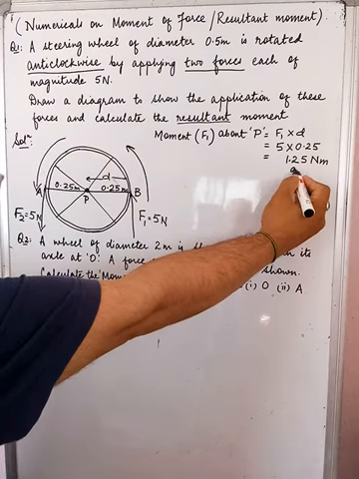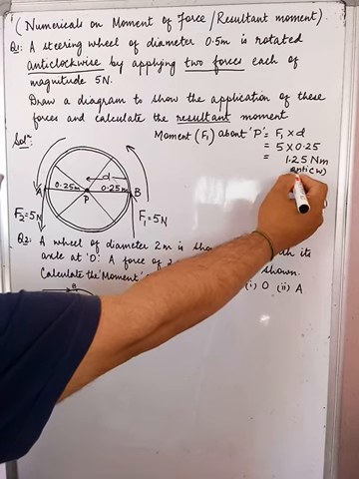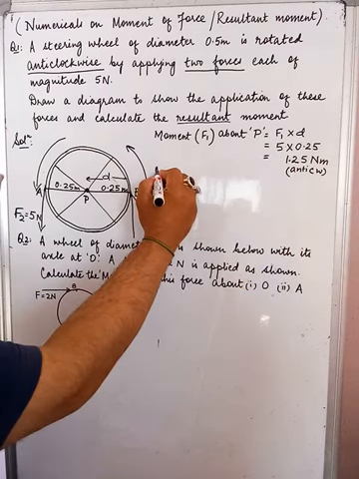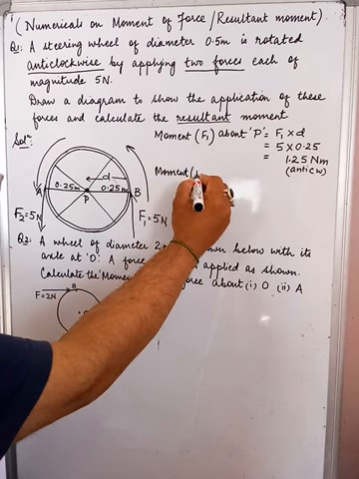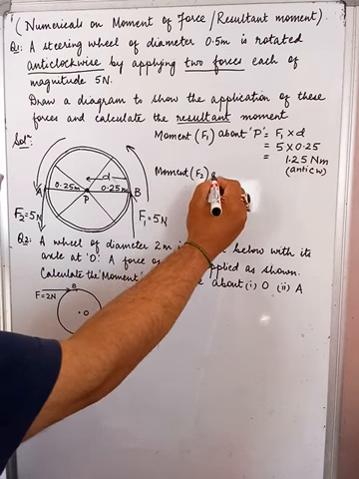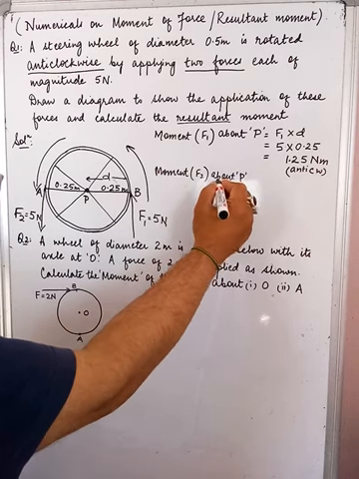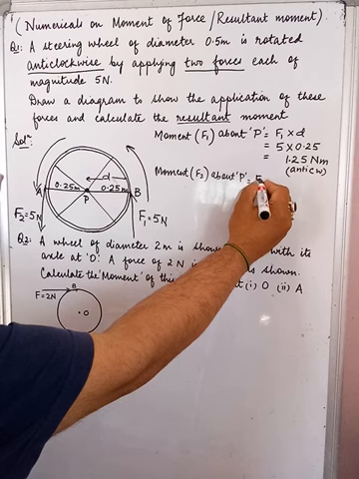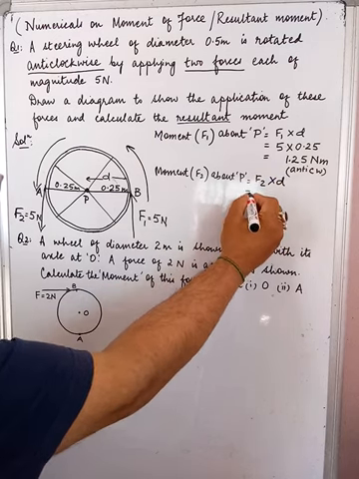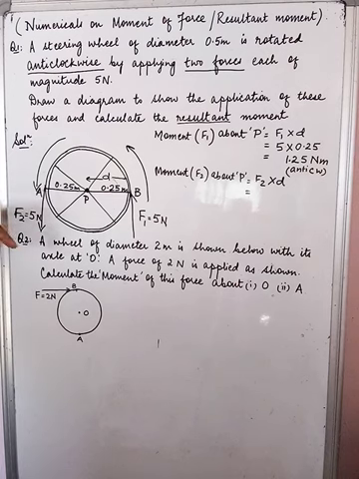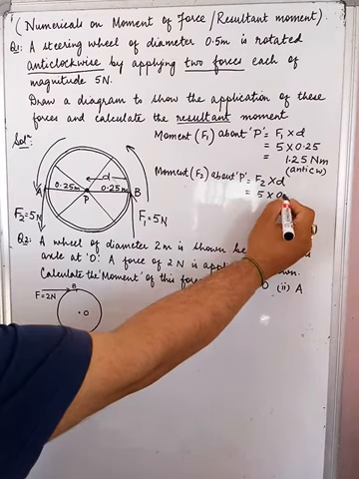Okay, so you will write anti-clockwise. Okay, similarly the moment of force F2 about the same pivot P will be given by the formula F2 multiplied by D, and you can very easily see over here the value of F2 is also the same and the D value is also the same.